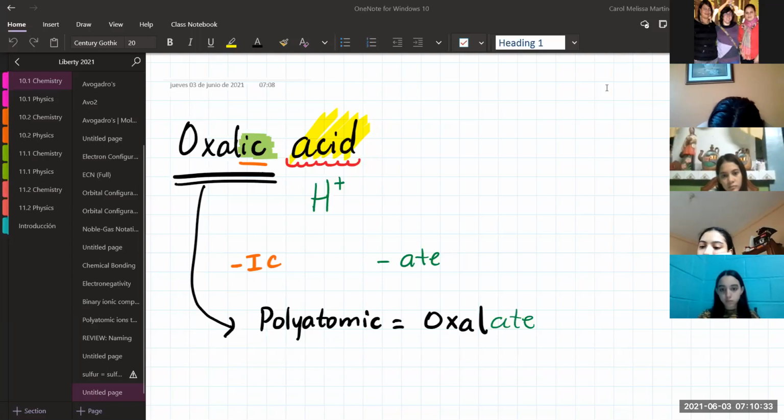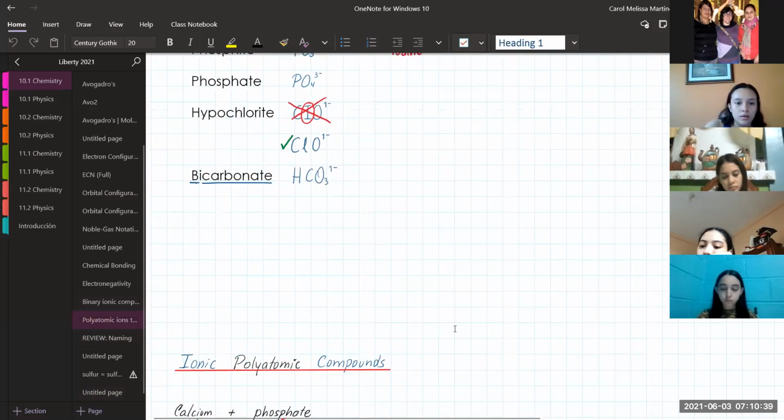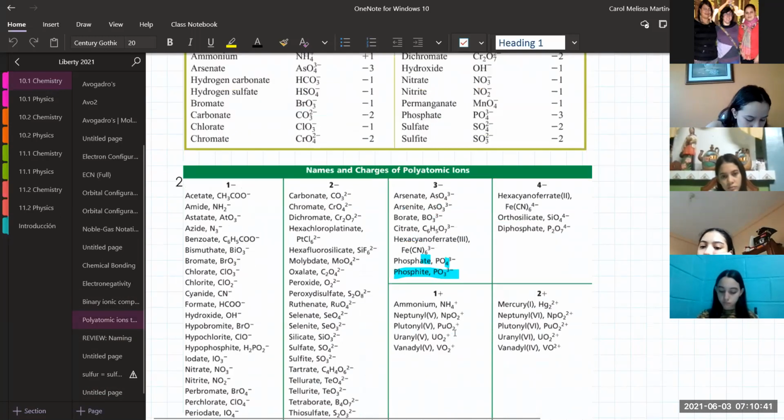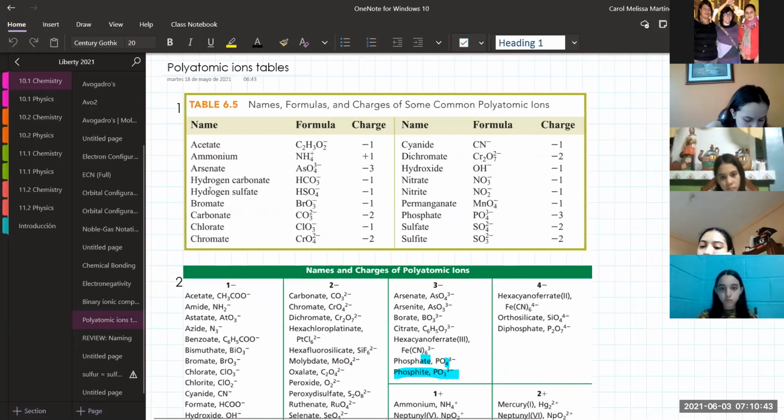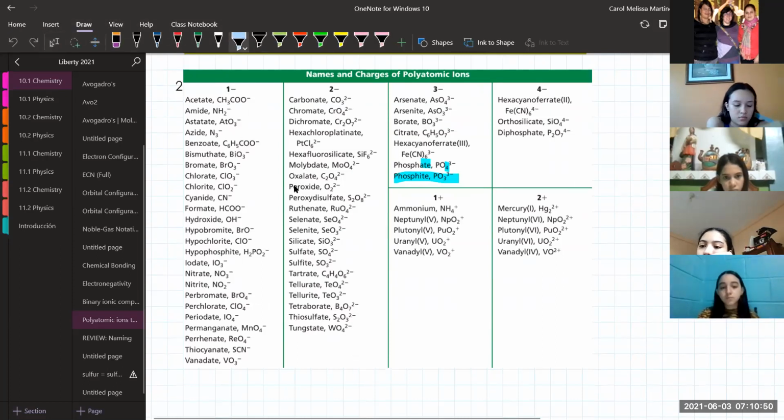So then you're going to take the tables of polyatomic ions and look for oxalate. I don't have it here. Oxalate is here, as you can see. Oxalate, C2O4 2-.